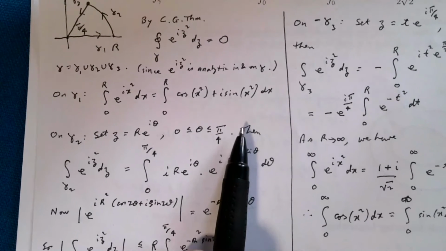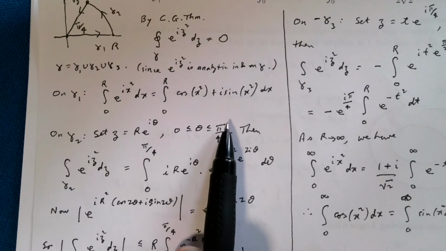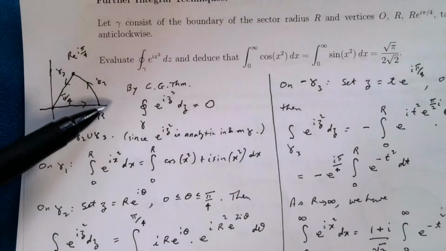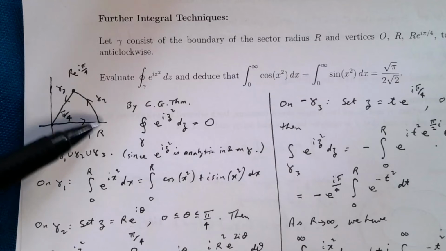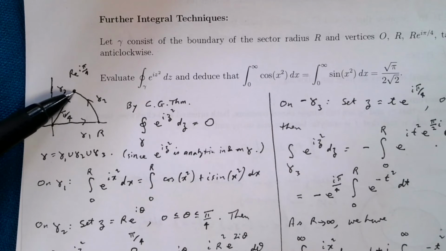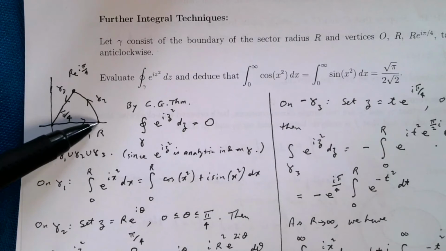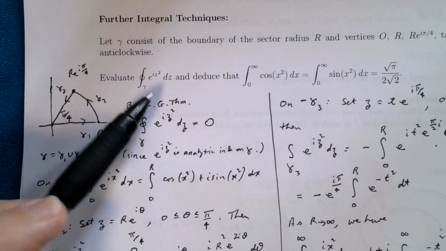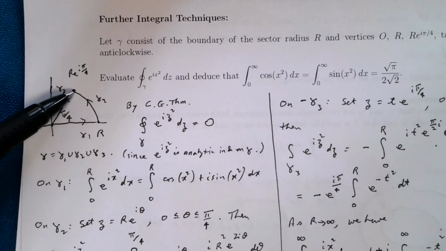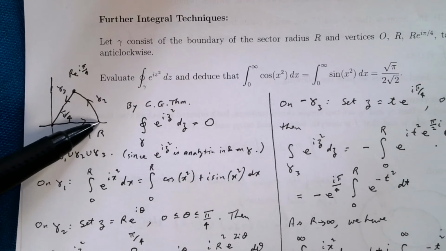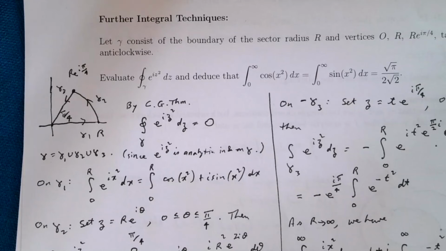Now the trickiest one to evaluate is what's happening along this circular path, gamma 2. What we're hoping to show is that the contribution to this integral from gamma 2 actually goes to 0 as r goes out to infinity, which is slightly counterintuitive.